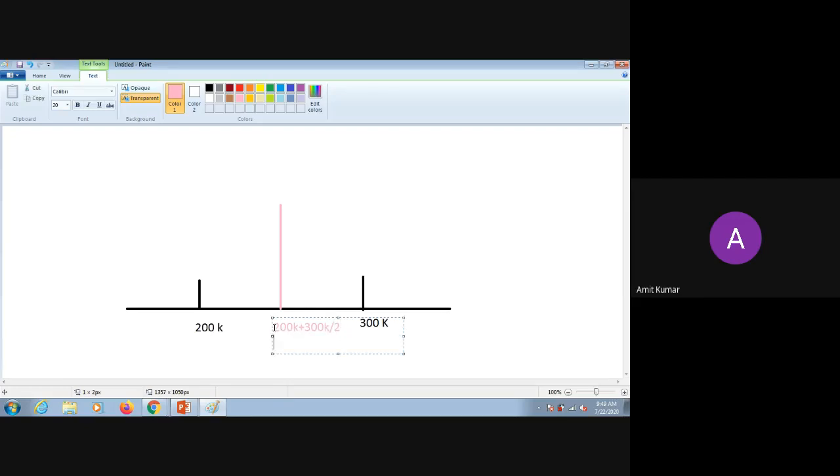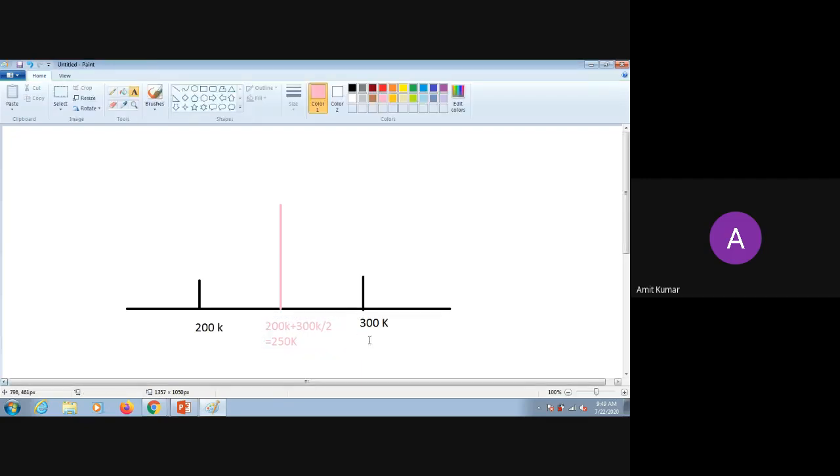It will always be your center point. So it will be 250k. So your center point will be available at 250k. You can calculate it this way. First you have to find the center point.